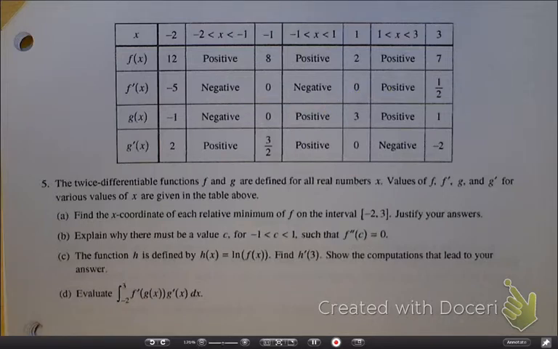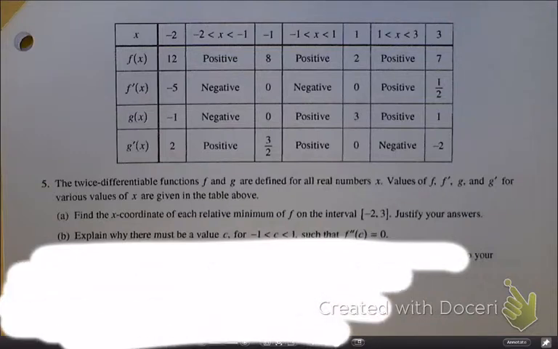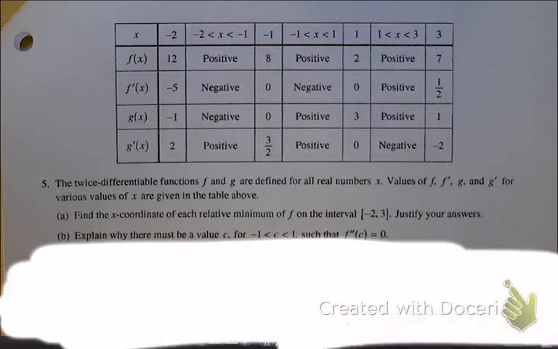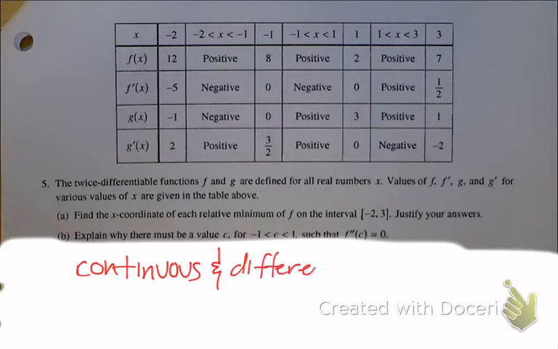So I'll write that out with you guys so you know what to write on your papers. Essentially, I know that it's continuous and differentiable on -1 to 1 because it is a twice differentiable function.